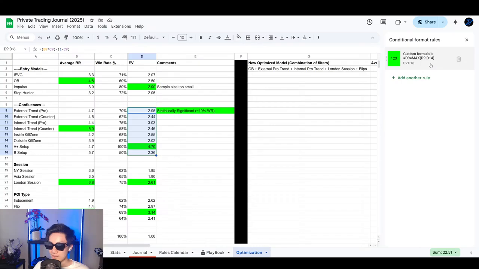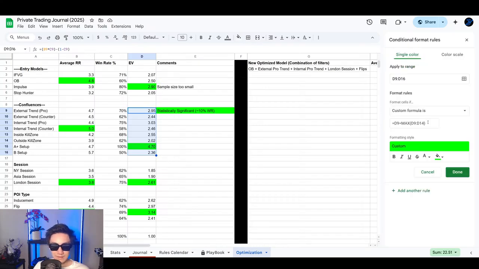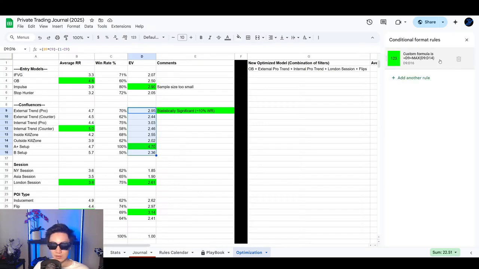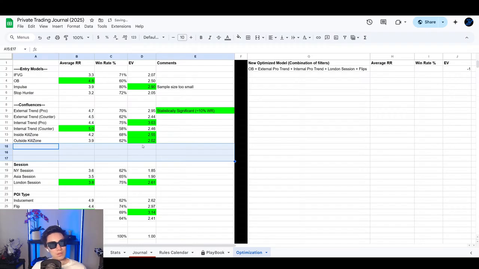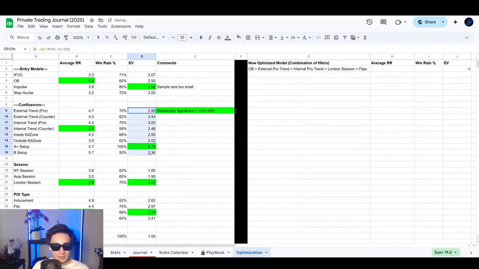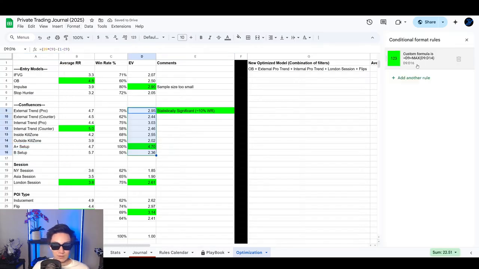D9 equals max D9 to D14. Now it's just 14. But this is 15 here. Now it wants to delete that. Okay, that's weird. I didn't do that manually either. Alright, we'll just have to get rid of the formatting for now until I figure this out. So we'll delete the rule.